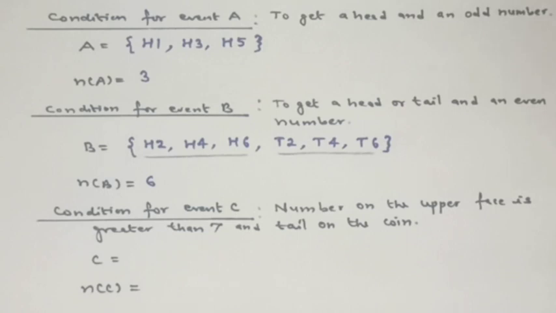Condition for event C, number on the upper face is greater than 7 and tail on the coin. Now when I look at this, for the number on the upper face, I cannot get any number greater than 7.